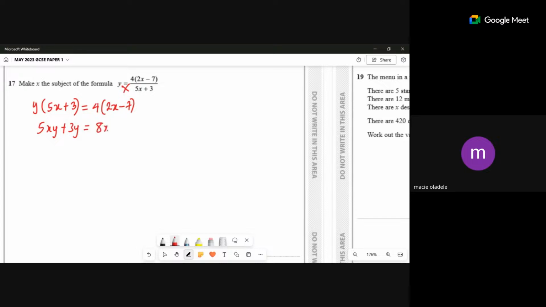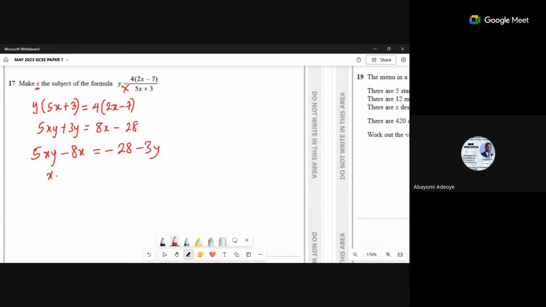Equals 8x take 28. So we want to make x the subject of formula. So you bring x together. 5xy negative 8x equals negative 28, negative 3y.